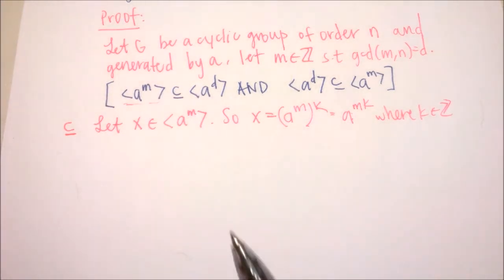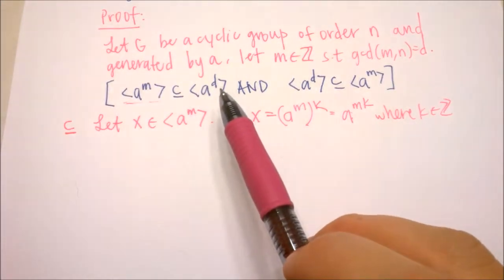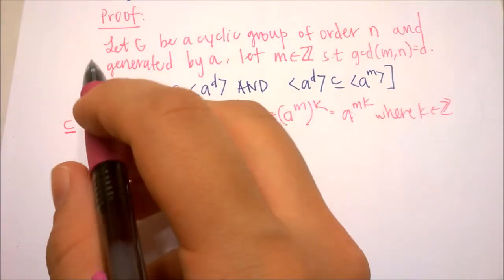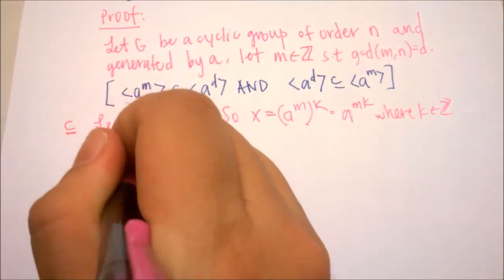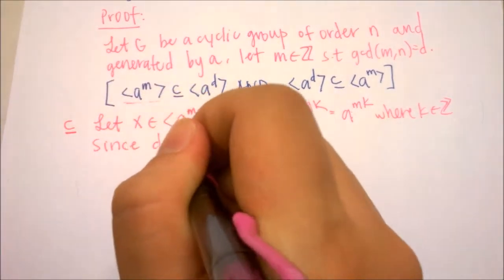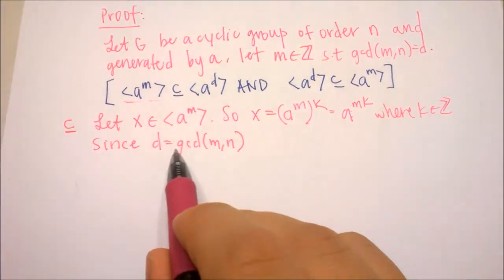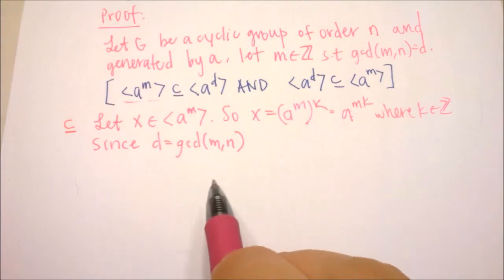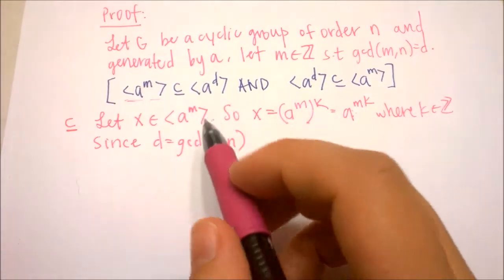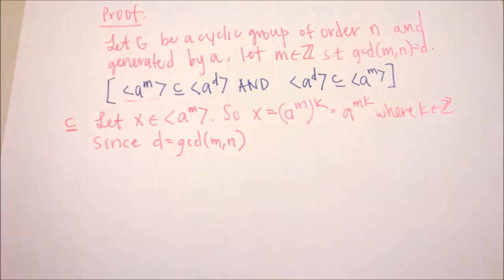So now we're trying to incorporate d. Since we know d is equal to the GCD of m and n, by definition of GCD, I have another video on GCDs if you want to look at that, but since d is the greatest common divisor, it divides m and n.